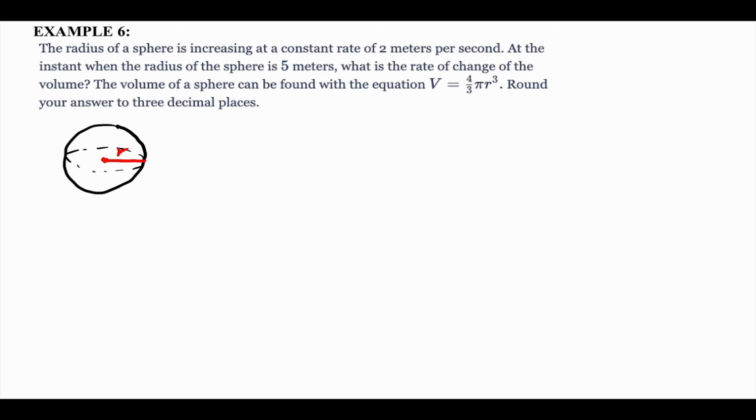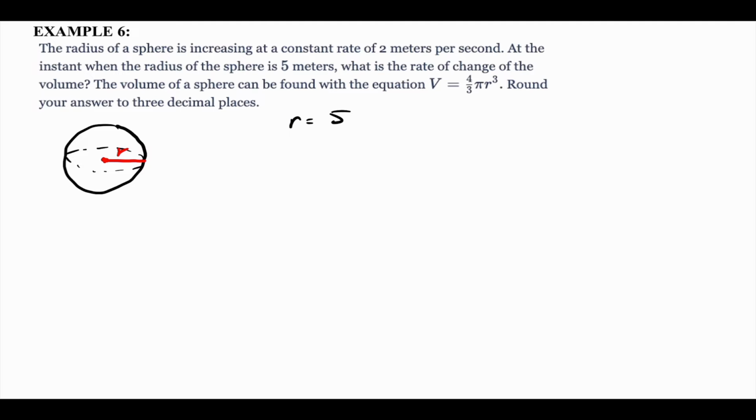All right. Step 1, what do we know? So what do we know for sure about this situation? The radius. What is the radius? R is 5. Good.